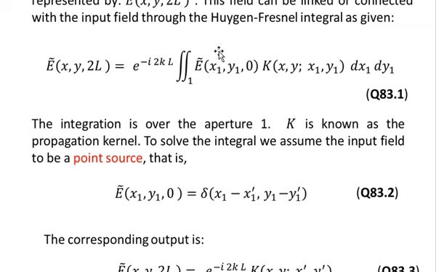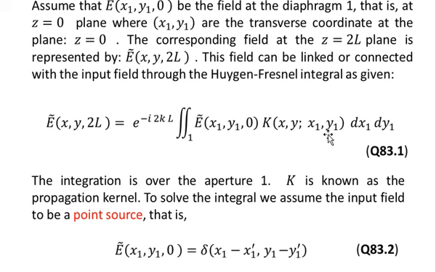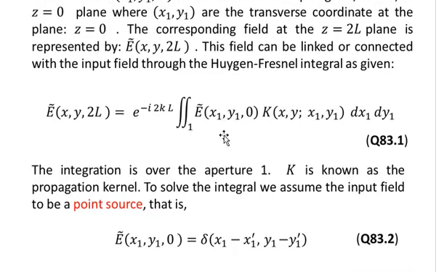Using the property of the delta function, setting x1 equal to x1 prime and y1 equal to y1 prime, since we are fixing the values of x1 and y1, the integral will be eliminated and only the variables will change. That is, kappa will have the coordinates x1 and y1 replaced by x1 prime and y1 prime, and the rest of the integral will vanish.